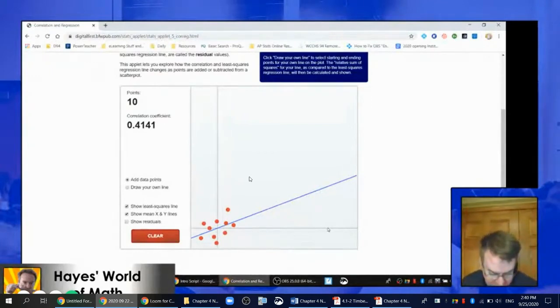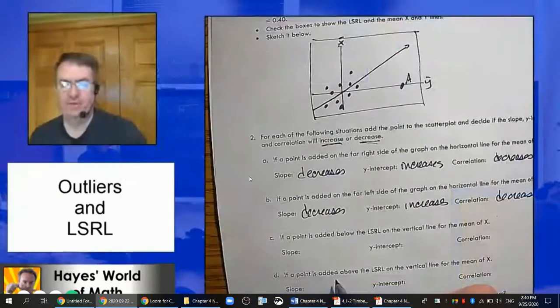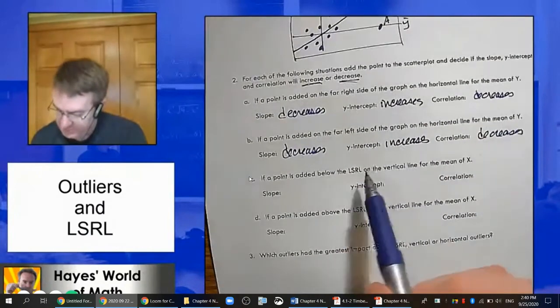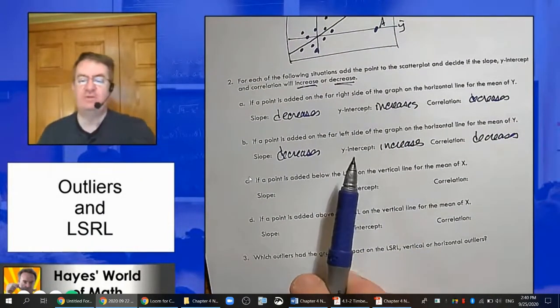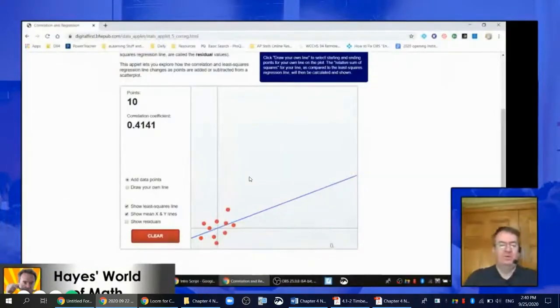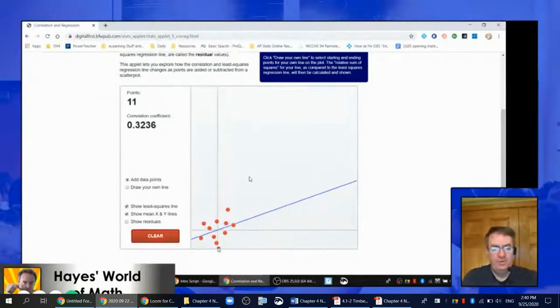So now what happens if we do it on the X mean axis? Nope, getting ahead of myself. So we're going to go below the least squares regression line on the vertical line X. We're going to actually go for the smaller distance here. We currently have a correlation of 0.4141, and it drops down to 0.326.